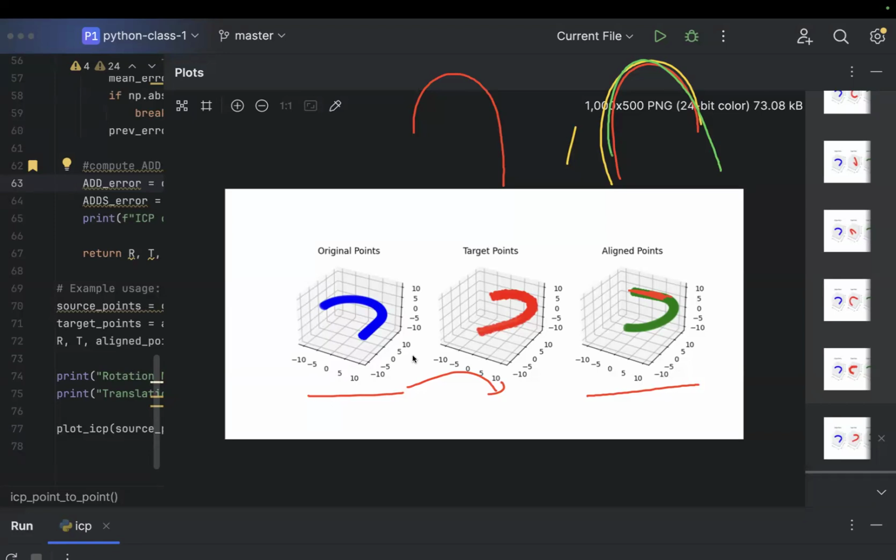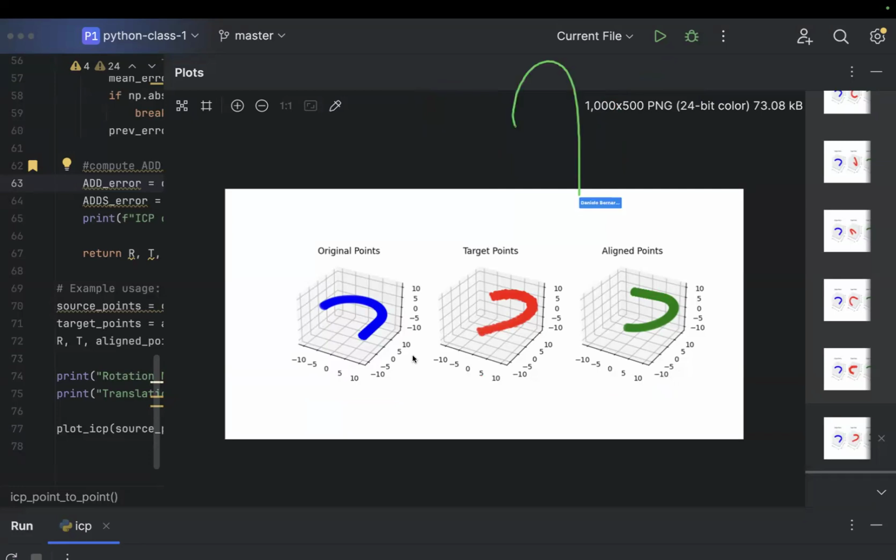If I have, let's start with this. If this is my sensor data, and this is my model initial alignment, will I run into this problem? No, right? I won't, because it's very simple. Once I translate this, it's almost done, and the minimization will bring me to the right solution.